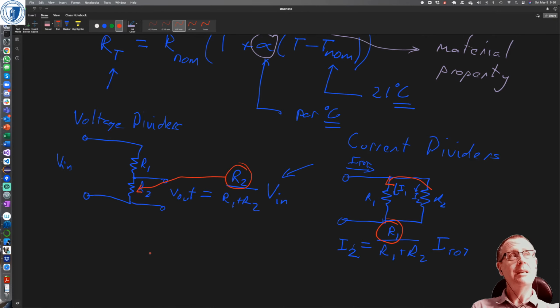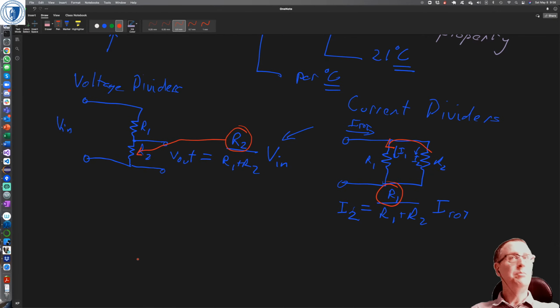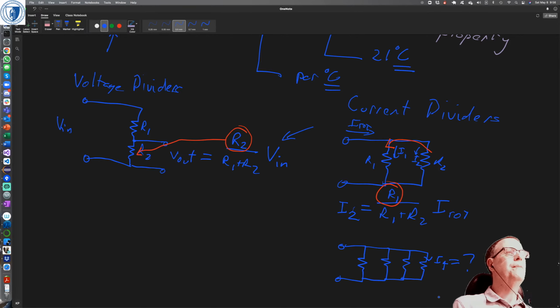And it gets even trickier because if you have more than one resistor in parallel, right, and you want to find out what this current is, let's call that I4, right? The other branch is the other branches.